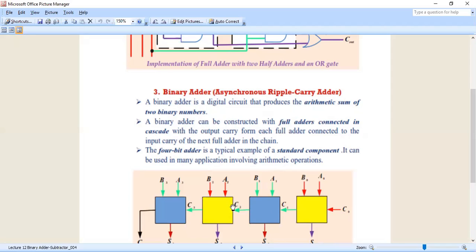So next carry 1, a2 value is 0, b2 value is 0. So 0 plus 1, sum 1, carry 0. Next carry 0, a3 value 1, b3 value 0. So 0 1 0 gives sum 1, carry 0. So at the sum level, what outputs will we get? 1 1 1 0, right?